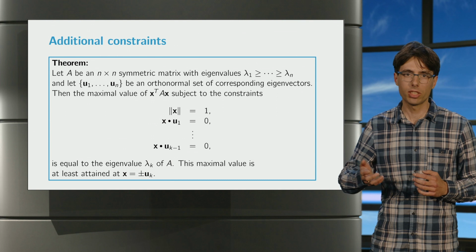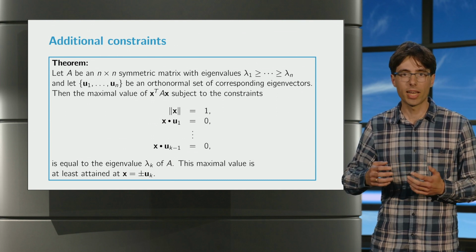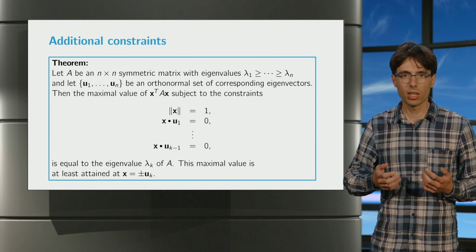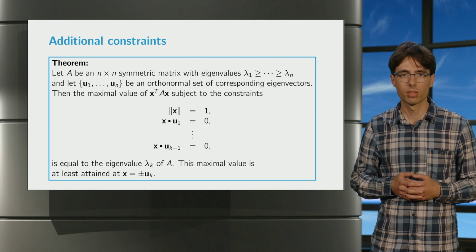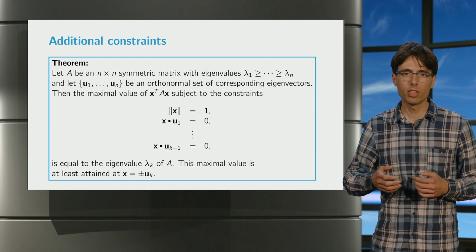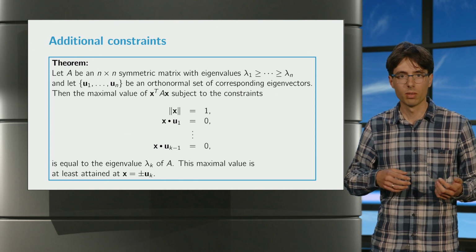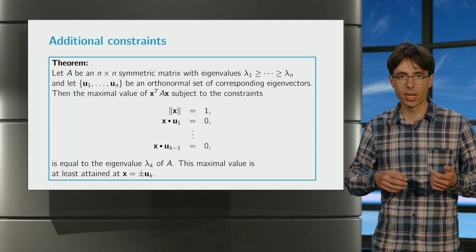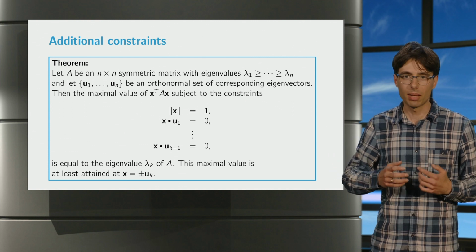Suppose we are in the situation from the previous theorem, so the eigenvalues λ1 up to λn are ordered from the largest to the smallest. We let u1 up to un be a corresponding orthonormal set of eigenvectors. Then, the maximal value of the quadratic form, subject to the constraint that the norm of x should be 1, and that x is orthogonal to the first k-1 eigenvectors, is equal to the next eigenvalue λk.